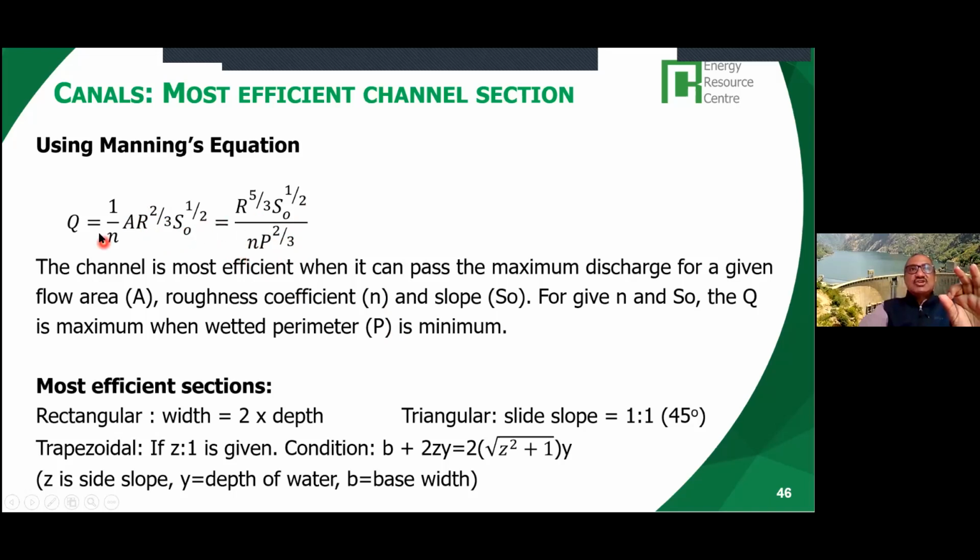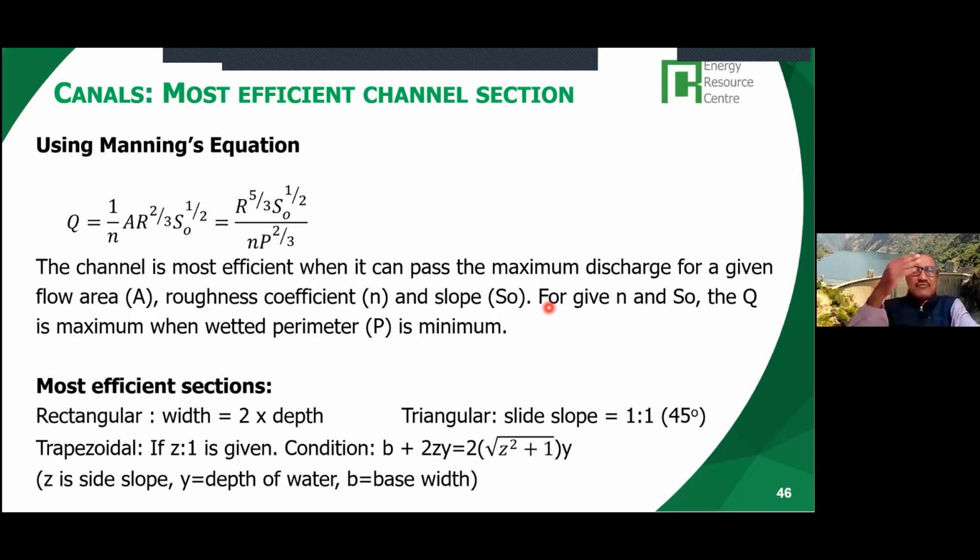So Q is inversely proportional to the wetted perimeter of the section. What you are trying to find is a cross section which will pass the same Q with the minimum section of the canal that is wet, where the water meets the canal.